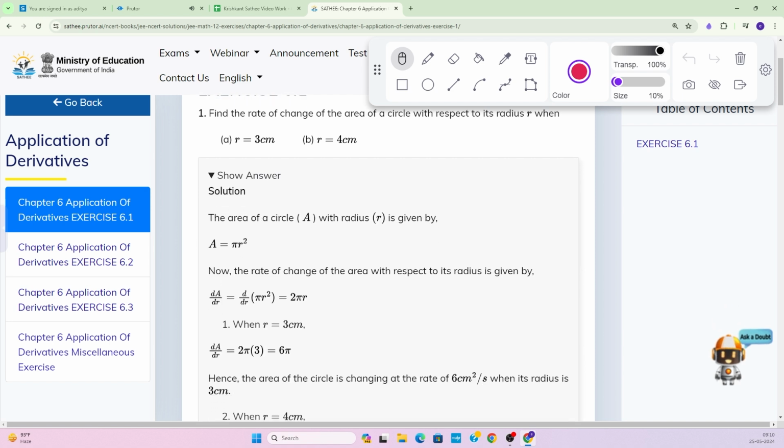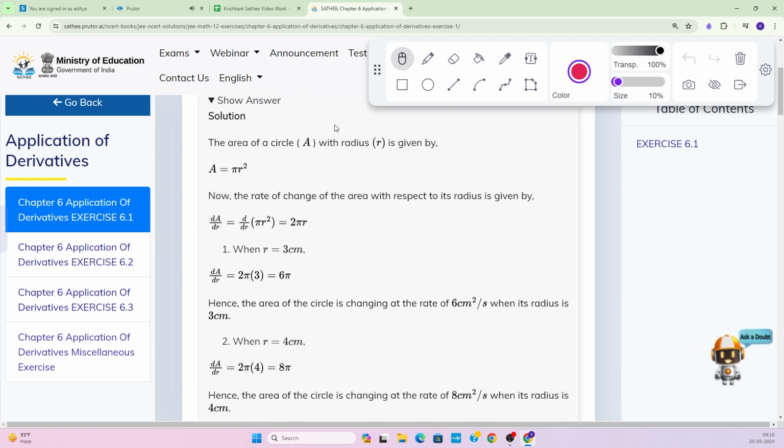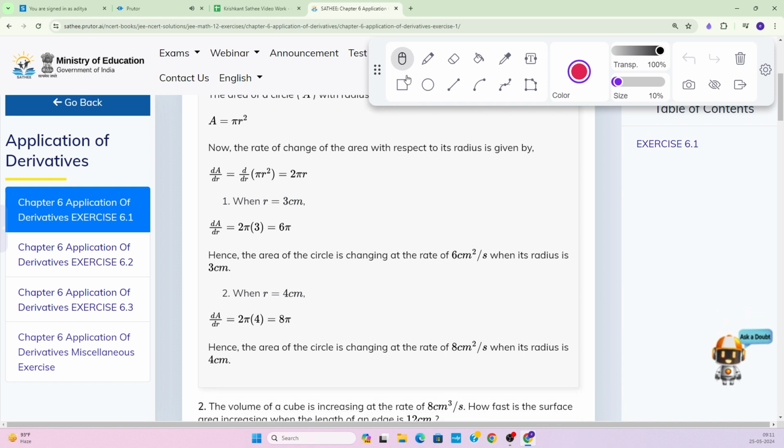As you can see, area is pi r square, and dA by dr is equal to 2 pi r. For the first part, r is equal to 3 centimeter, so the rate of change of area with respect to r will be 6 pi.